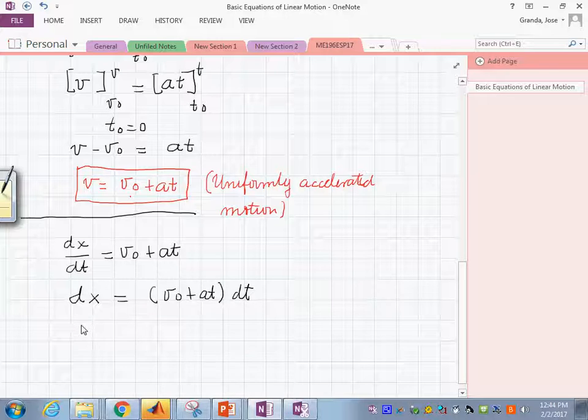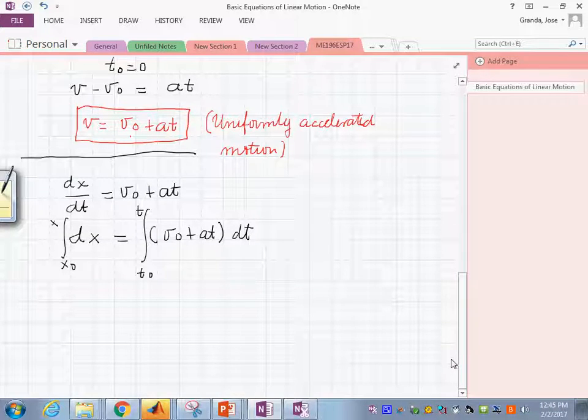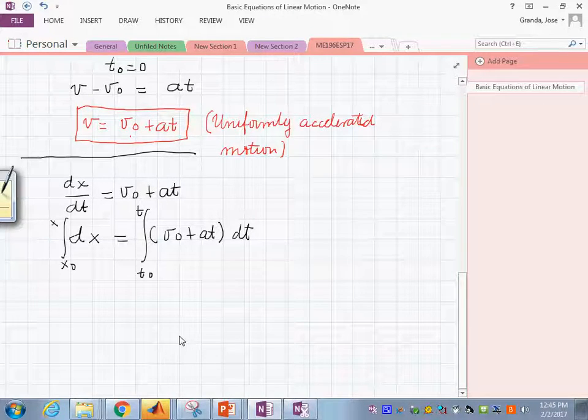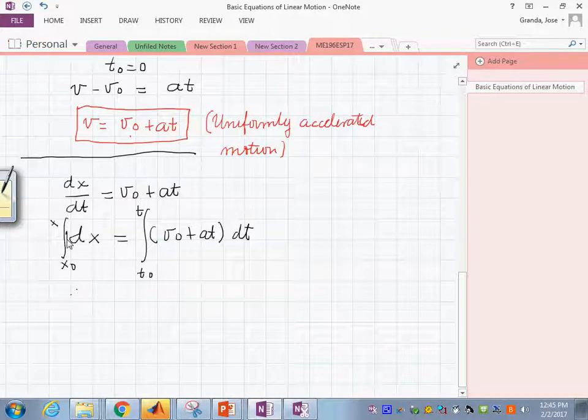v sub 0 plus at dt, and we can integrate this between x sub 0 and x, and then integrate between t sub 0 and t of this. So if you continue here, just as we did in the other equation, you have like a 1 in here.